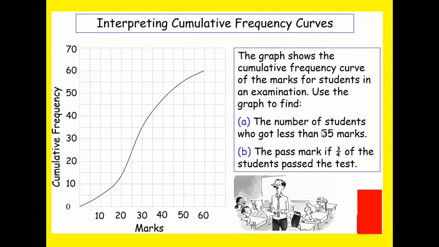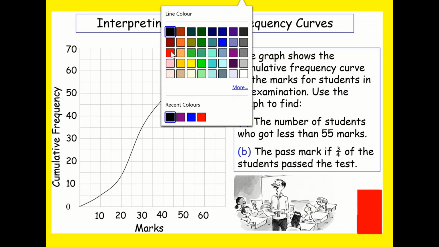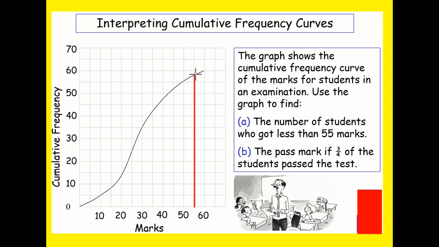But we're interested in how many got less than 55 marks, so I'm going to read off from 55. I'm going to draw a line up, and then I'm going to read along. 55 is here, 57.5 would be exactly halfway. It goes a bit beyond, so I think the answer to this is 58.